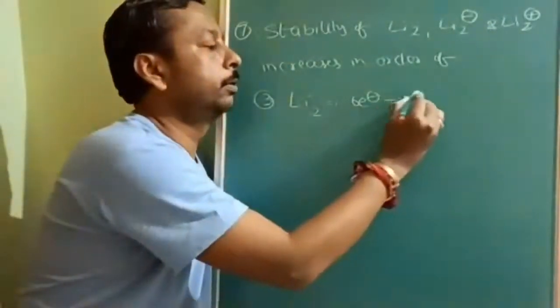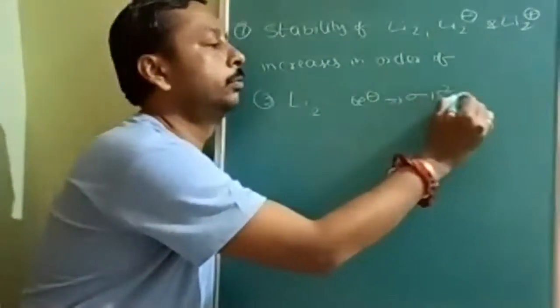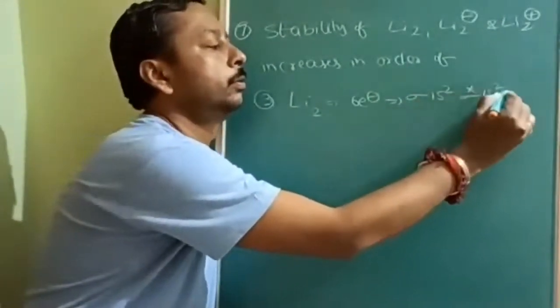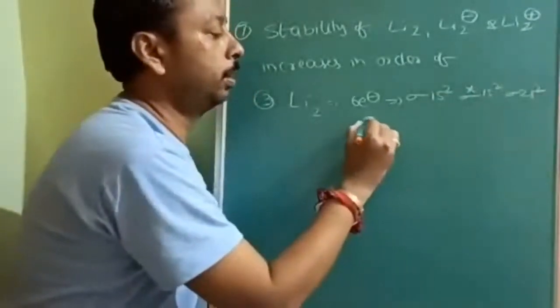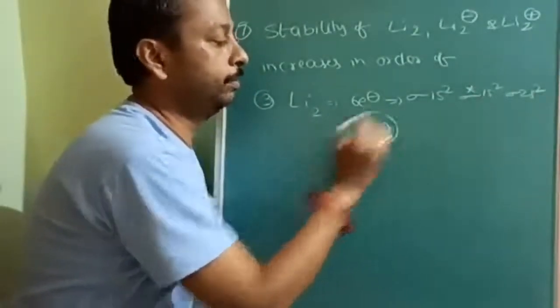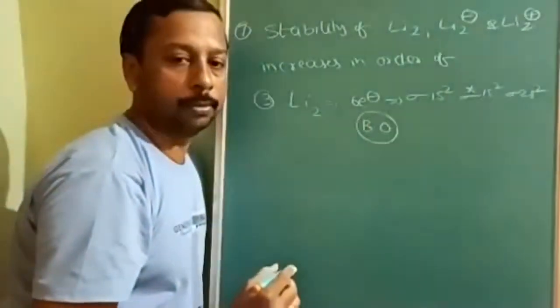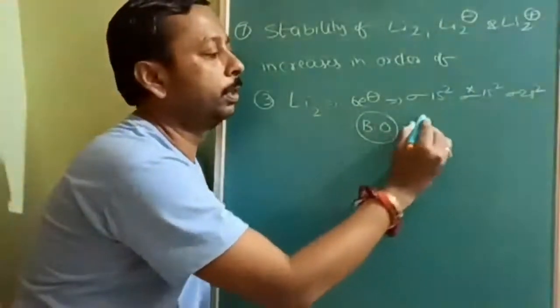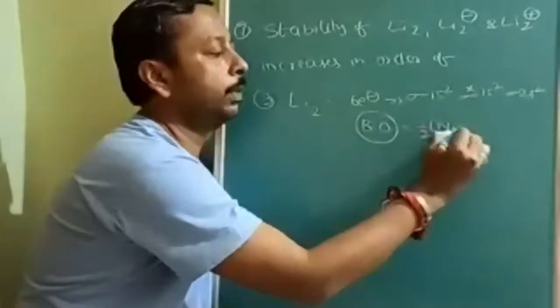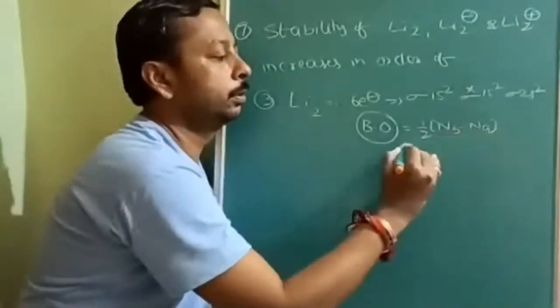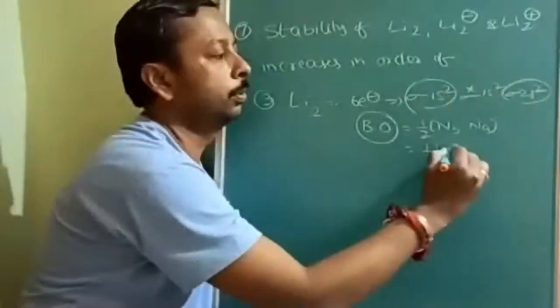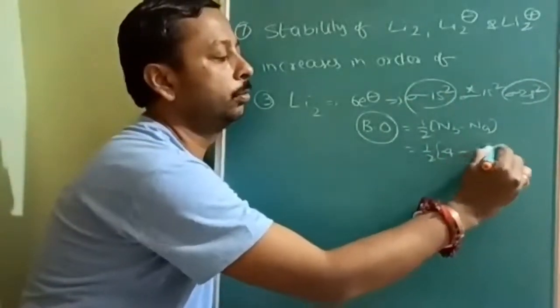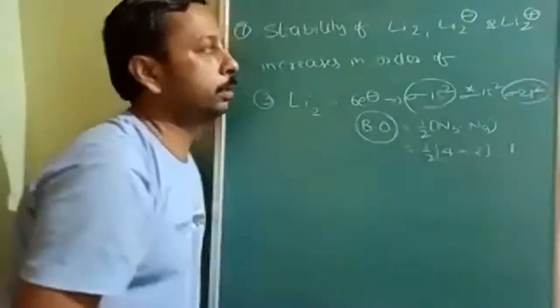So with 6 electrons, I write sigma 1s2, sigma star 1s2, then sigma 2s2. Okay. So for stability, you will find out the bond order. The bond order will be half into Nb minus Na. So half into bonding electrons 2 plus 2, 4, minus antibonding 2 electrons. Therefore it is 1.